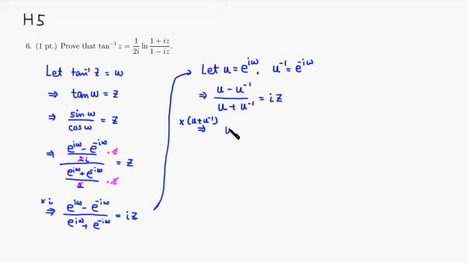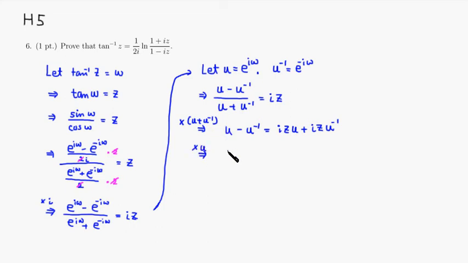You get u minus u to the negative 1 is equal to izu plus izu to the negative 1. I don't like u to the negative 1, so I'm going to multiply everyone by u.